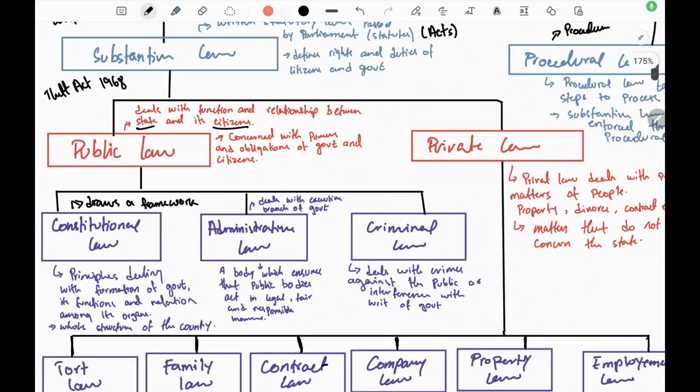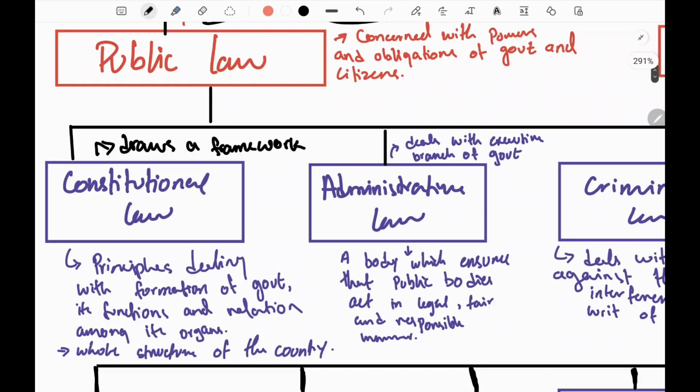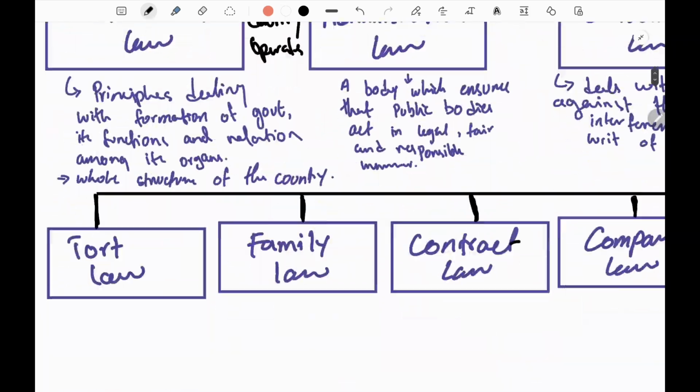Right, so with constitutional law, it considers the principles dealing with the formation of government, its functions, and relations among its organs. Constitutional law basically provides the whole structure of a country. It draws a framework on which the country operates. It dictates the organs of state.